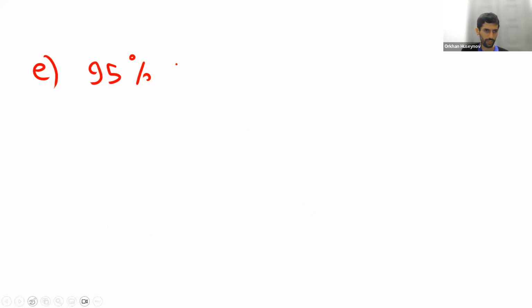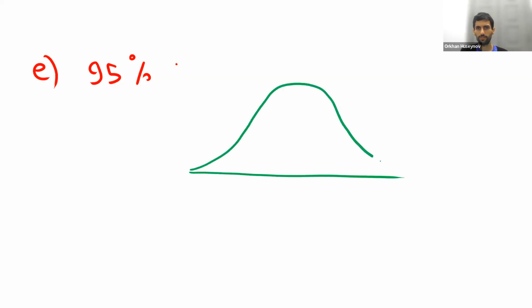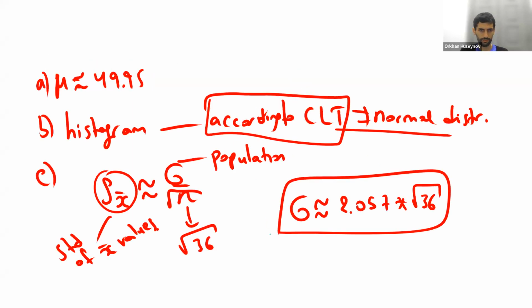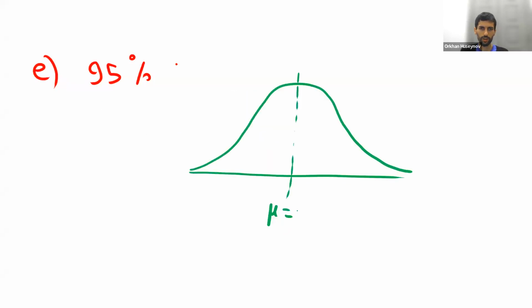So for this one, again, we will use the normal distribution chart. So this is our normal distribution. And then the mean value is mu, and that is 49.95.